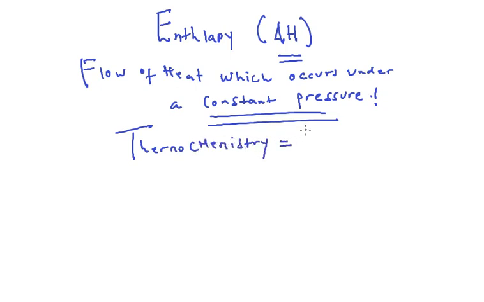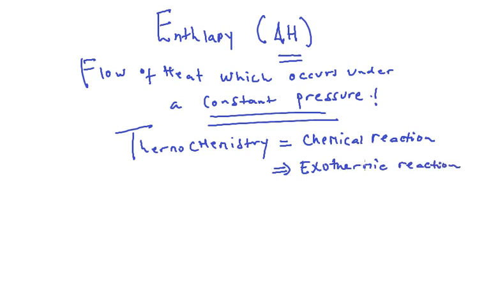Thermochemistry is related to chemical reactions with heat. Any chemical reaction, in most cases, produces or generates heat. If they generate heat, we call it an exothermic reaction. Exothermic reaction means that when you have a chemical reaction, let's say A plus B provides you C, and some amount of energy will be evolved.